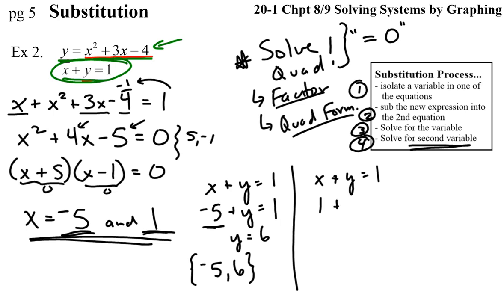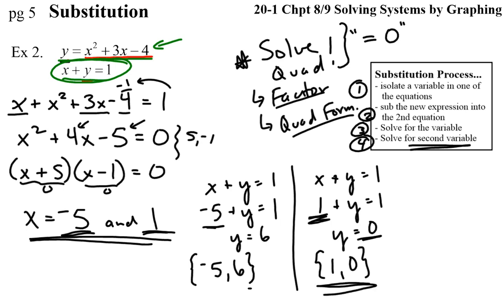So 1 plus y equals 1, and in that case, y would equal 0. So the second possibility is where x is 1, our y was 0. So negative 5, 6 and 1, 0, two possible solutions. Sorry, this should be a round bracket. Two possible solutions for that system of equations through the substitution process.